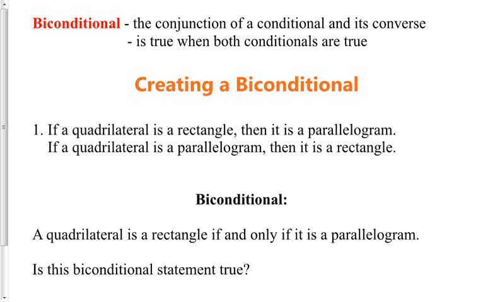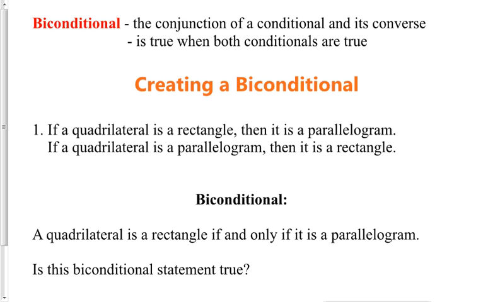Is this biconditional statement true? Well, a biconditional statement is only true if both the conditionals that make it are true. Let's look back at the two conditional statements. If a quadrilateral is a rectangle, then it is a parallelogram. Well, that's true because a rectangle is a parallelogram.